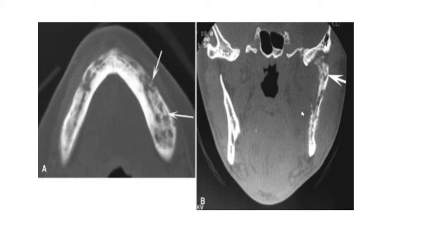These images, the axial and coronal views of computed tomography, reveal a large sequestration and periosteal reaction of the inferior border of the mandible in osteomyelitis. Also, there are multiple sequestrations within the body of the mandible and involving the condylar head of the jaw bones.